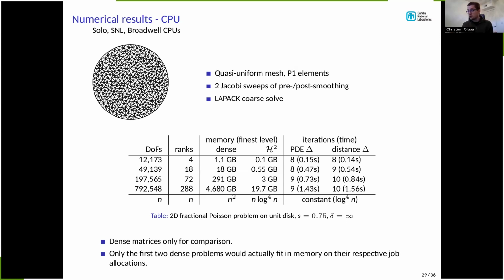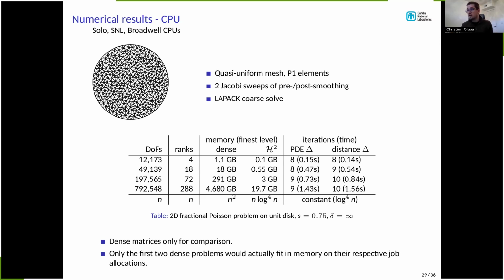Then the number of iterations for algebraic multigrid, on the right, we see is pretty much constant, which is what we want. In this case, I'm showing both the PDE Laplacian as our auxiliary matrix and the distance Laplacian, which also knows something about the kernel function. The number of iterations doesn't really change much, and the reason is that our kernel is still simple enough that it doesn't matter all that much.